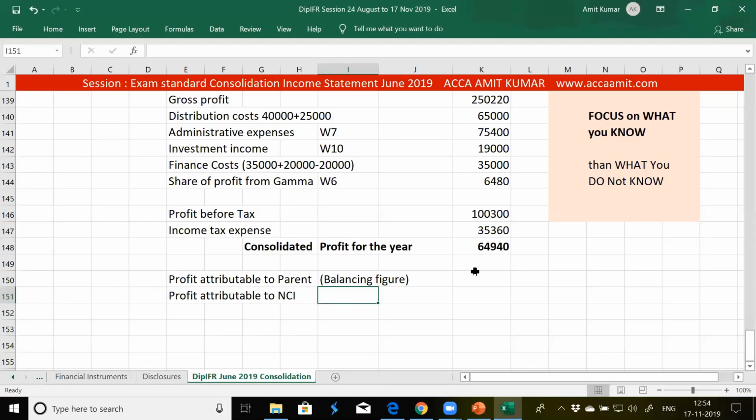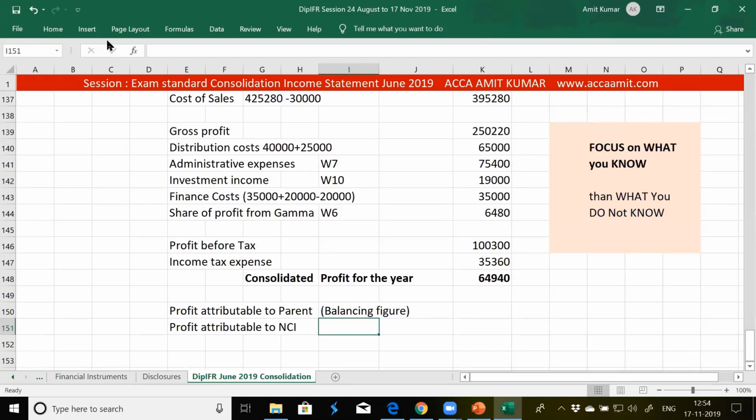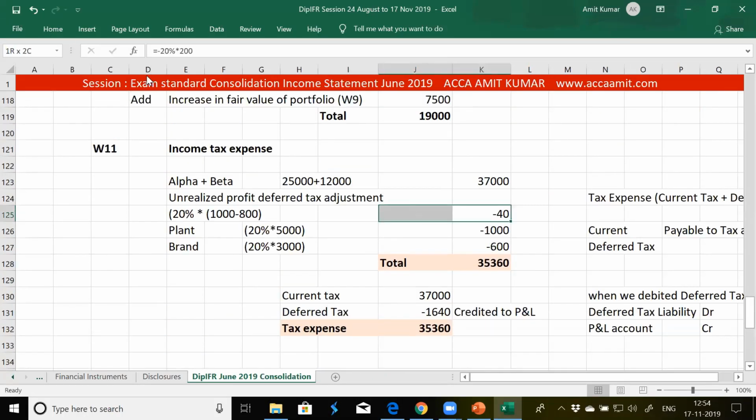What is beta's balance? Profit for the year is 24,000. But this is without deferred tax adjustments. How much is the deferred tax adjustments? This deferred tax adjustment is in Alpha's books.